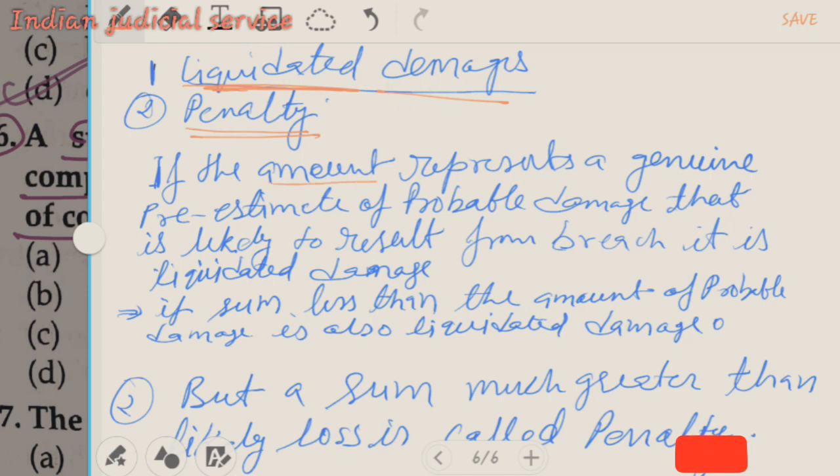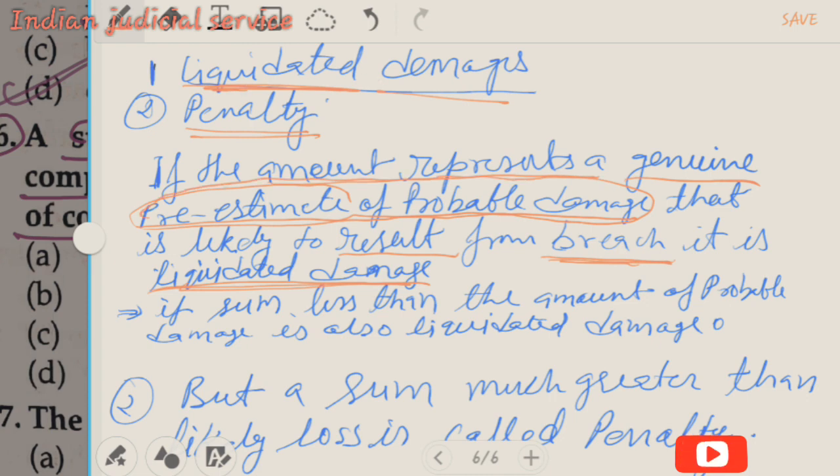If the amount represents the genuine pre-estimated probable damage that is likely to result from breach, it is liquidated damage. So the important point here is the pre-estimated probable damage, this is a very important point for liquidated damage.